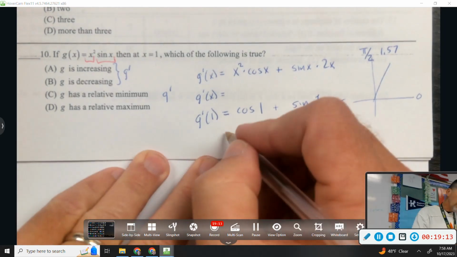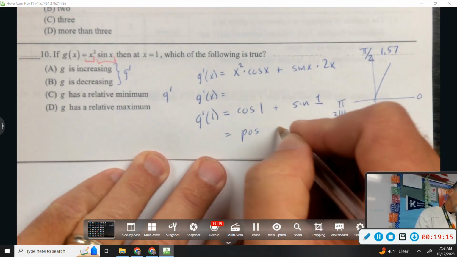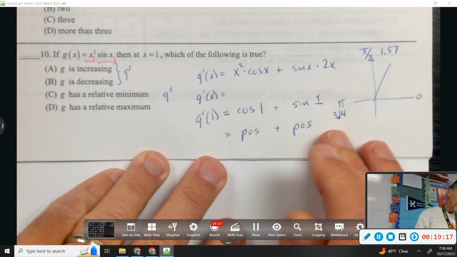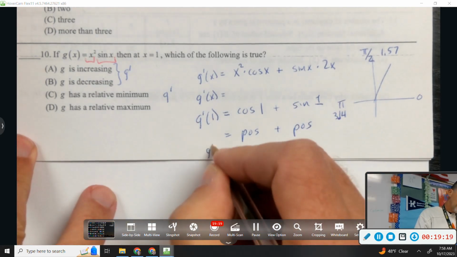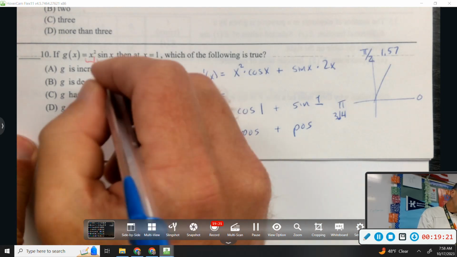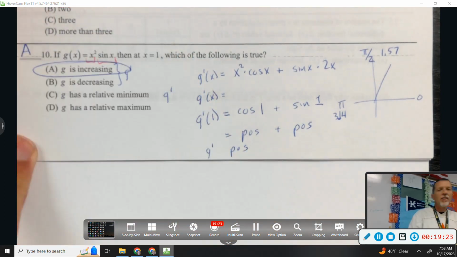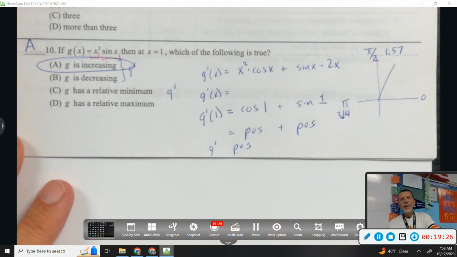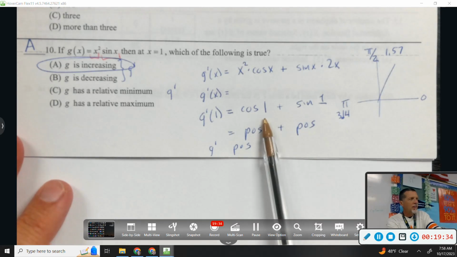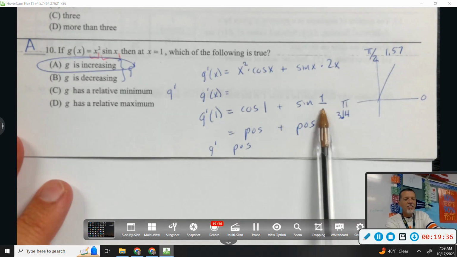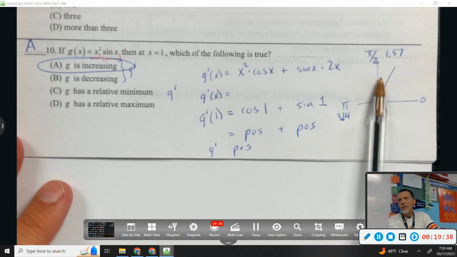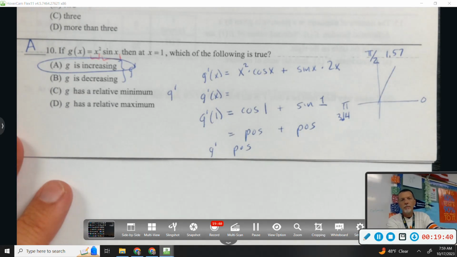Because cosine in the first quadrant is positive, sine in the first quadrant is positive. If G prime is positive, then G is increasing. I bet there's a bunch of people who will miss that because they don't understand how to find the cosine of 1 because it just feels weird. But they made it an easy enough number that you can figure out at least what quadrant it's in.